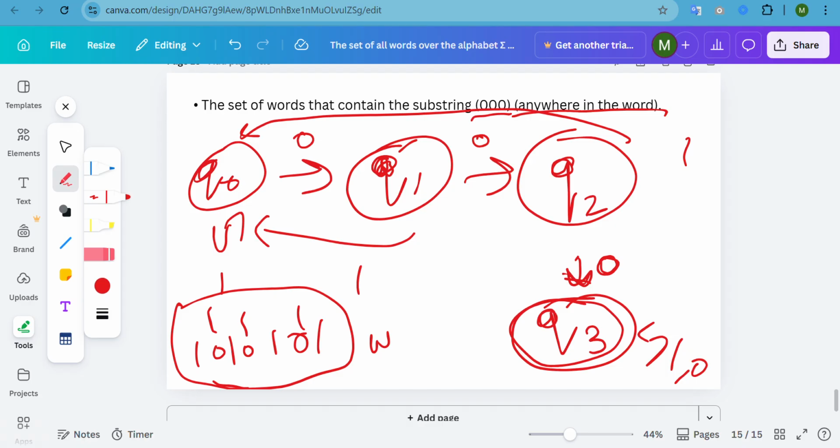So if the question wanted that in the word there could be 3 zeros, then that should be accepted. But this is not the question. I think the question says it has to be a substring 000. In that way, we lock the situation to be able to produce the 000 together.